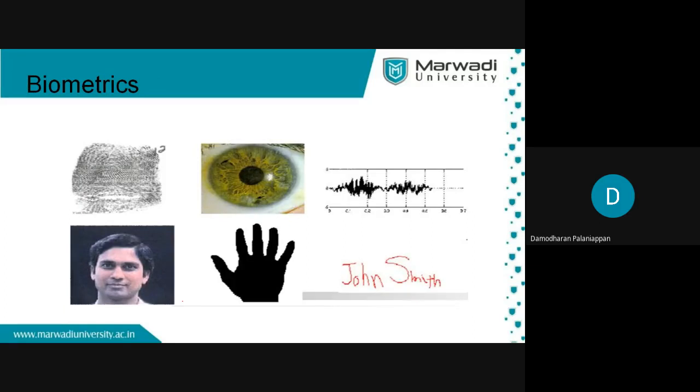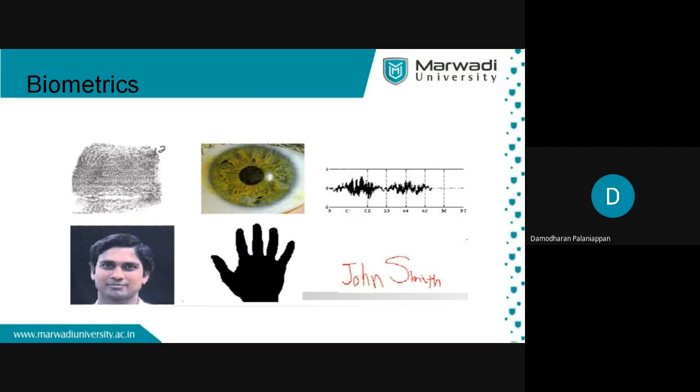The next is biometrics. We are able to use your biometric information instead of passwords. We can scan the thumb, iris, or face recognition, or we can use hand recognition. In our university, we are using a face recognition biometric application.